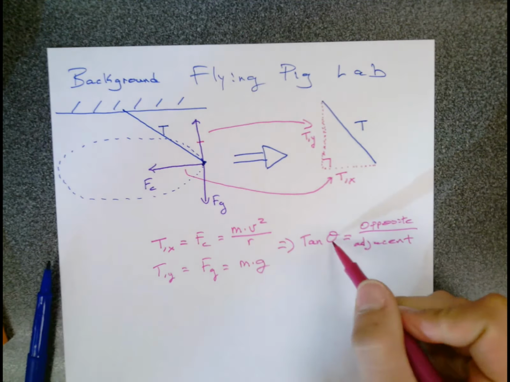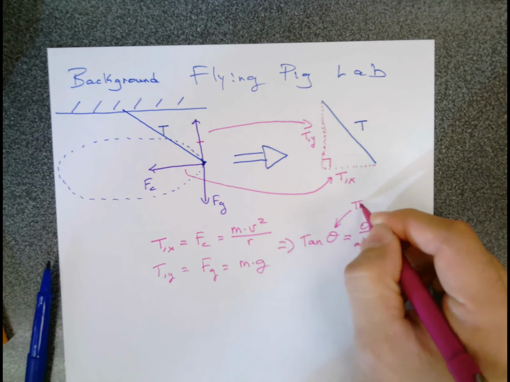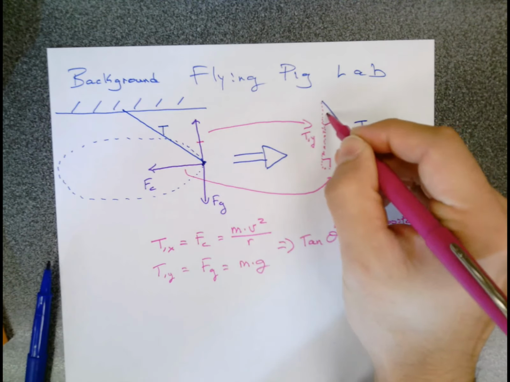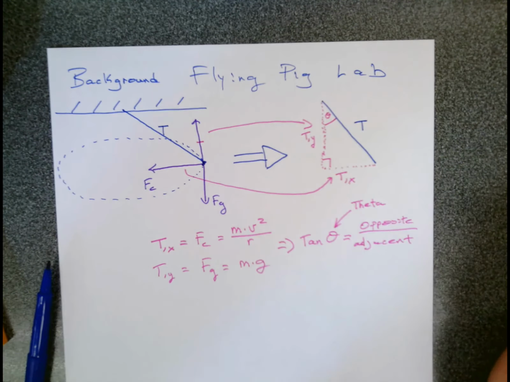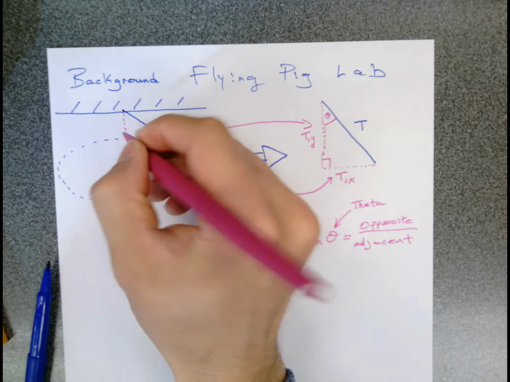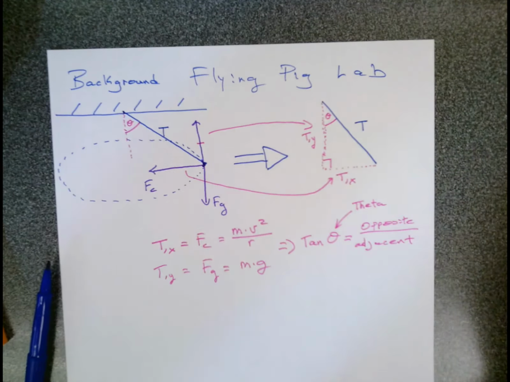And in that case, what is this symbol? That symbol is not a zero, that symbol is theta. And in this triangle, that angle is theta. And even in our very first diagram, the angle that the pig and string make with vertical going down is called theta.